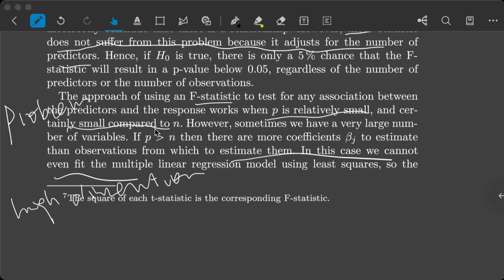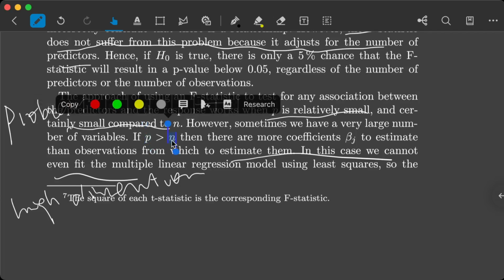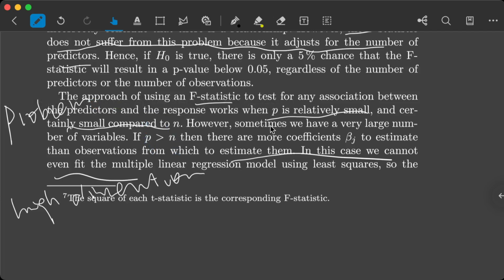But in some cases, we have a very large p compared to n, the number of samples.